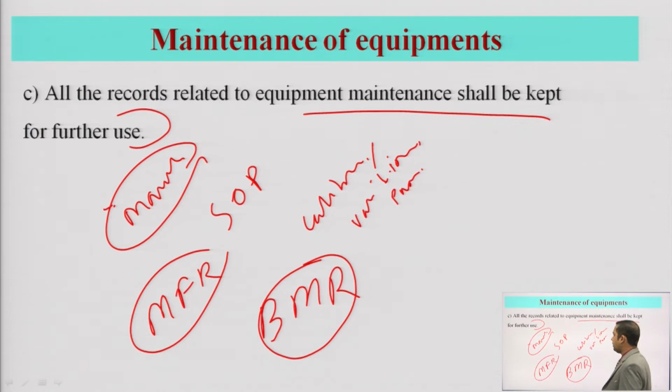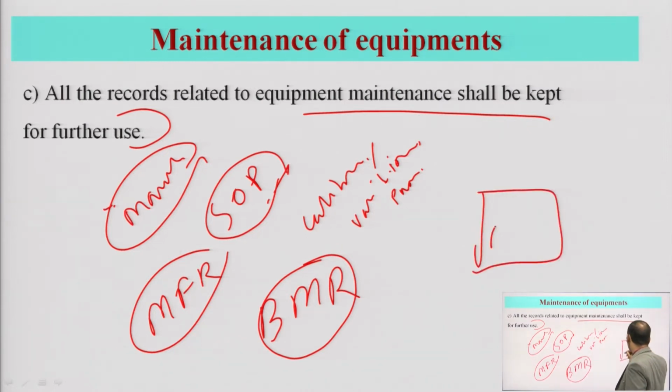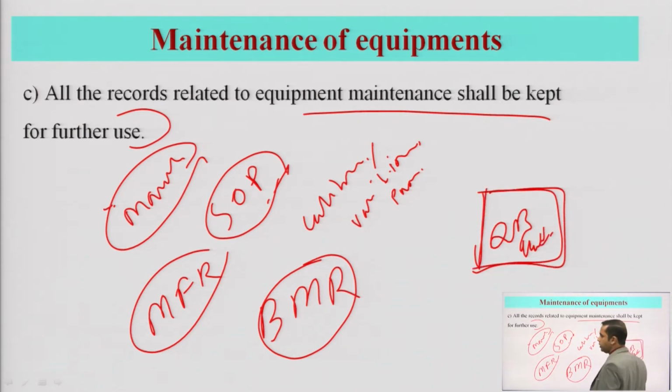SOPs, you have to understand that the SOP should be in that area, it should be pasted on the wall, where the proper validation date should be mentioned, that is, when it was last validated. And sometimes what industries are doing nowadays is putting a QR code. Why are they posting this QR code on the wall?